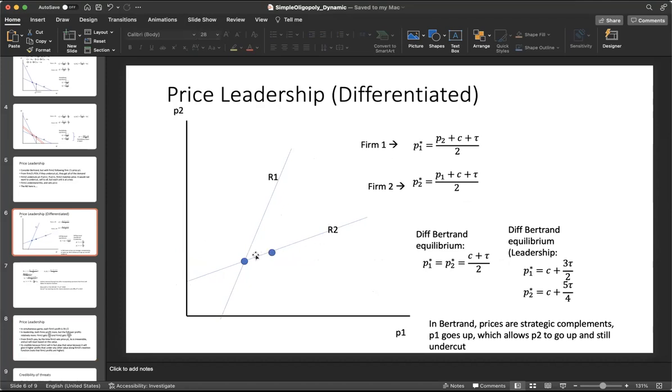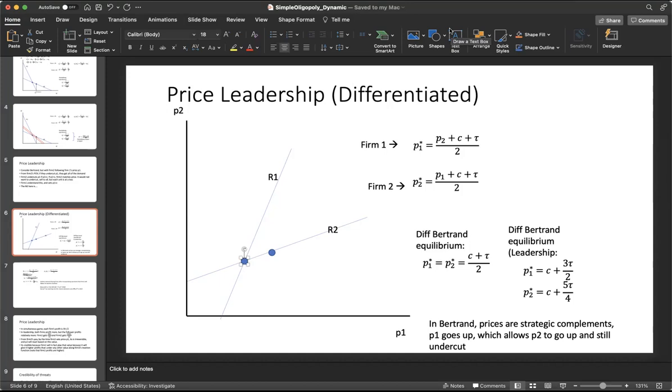Question, did it choose the original Bertrand equilibrium? Yes or no? No. I have a second question. Could it have in fact chosen the original Bertrand equilibrium? Yes or no? I mean, even if we know that it didn't, but could it have chosen that? Was that in its menu of possibilities?